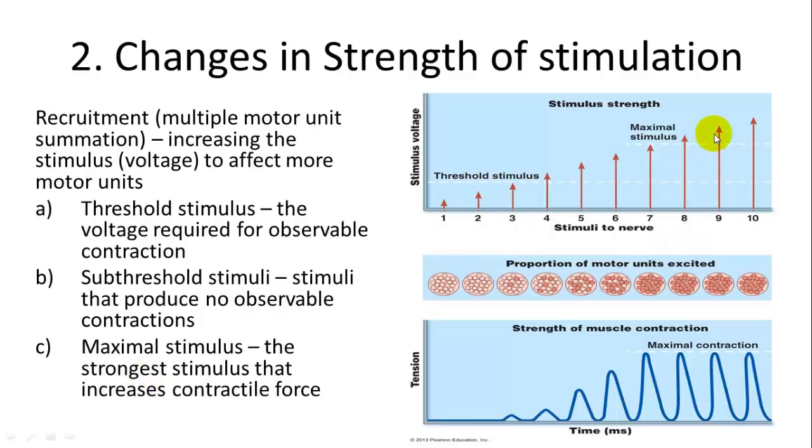So at 7, even if we increase the stimulus, we're already maxed out. We don't have any more motor units to recruit. And so that's the maximal. It doesn't do any good to increase the stimulus beyond 7 because we can't contract any more muscle fibers.